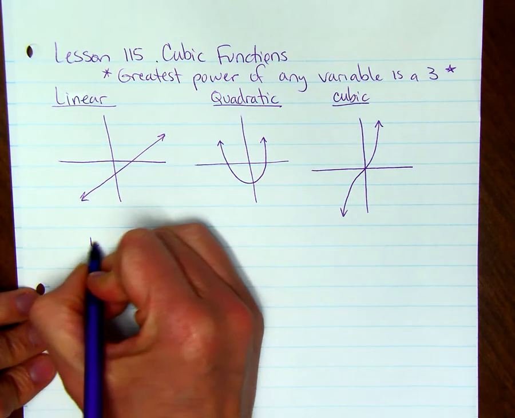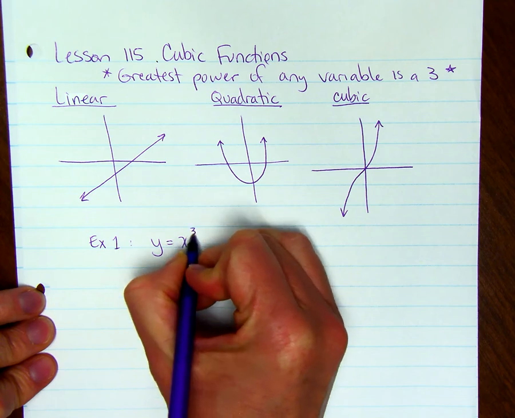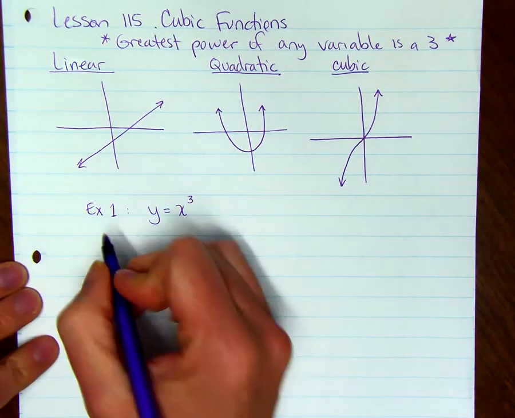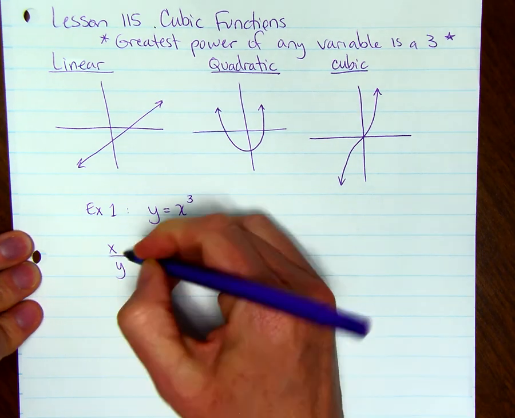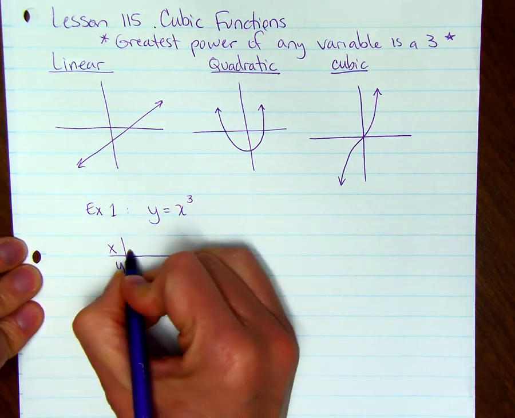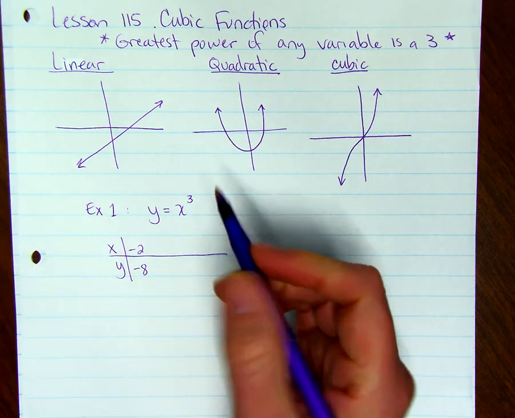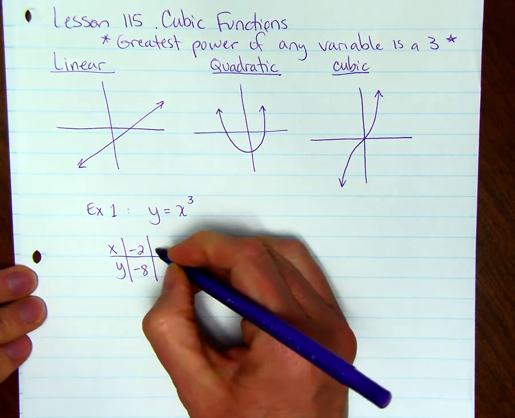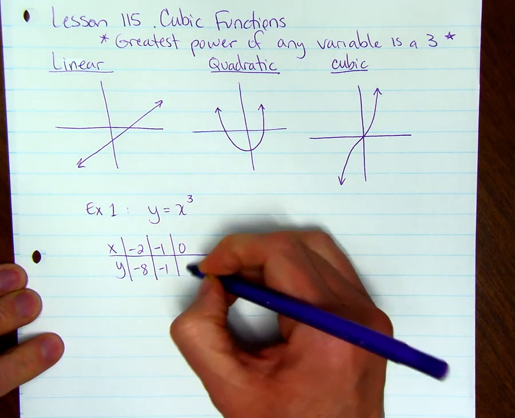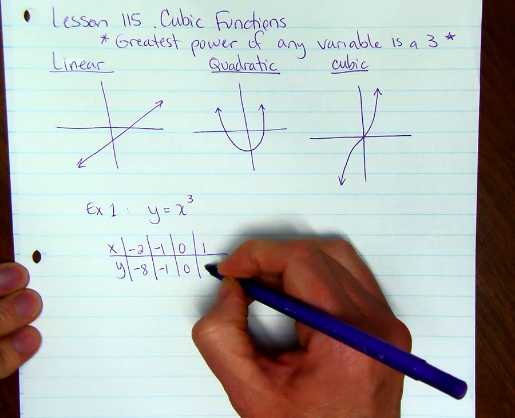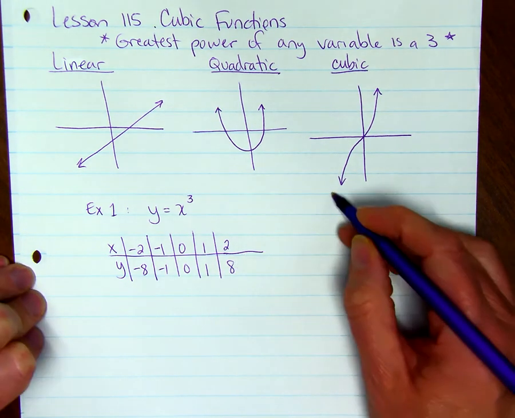So here's an example, and this is our parent function, y equals x cubed. If we were to plug in some values for x and y, when x is -2, y will be -8. When x is -1, y will be -1. When x is 0, y is 0. When x is 1, y is 1. And when x is 2, y is 8.